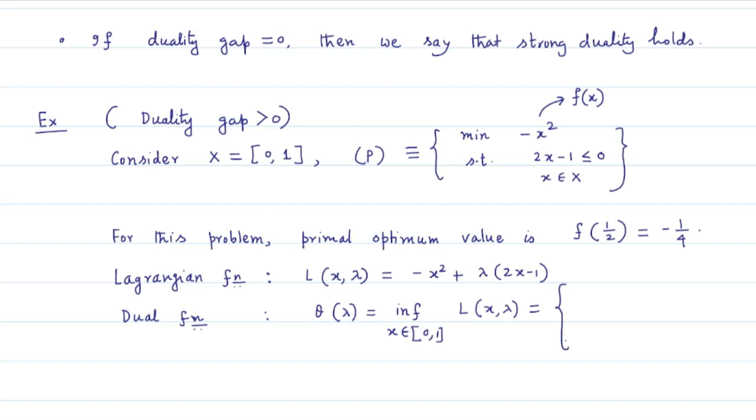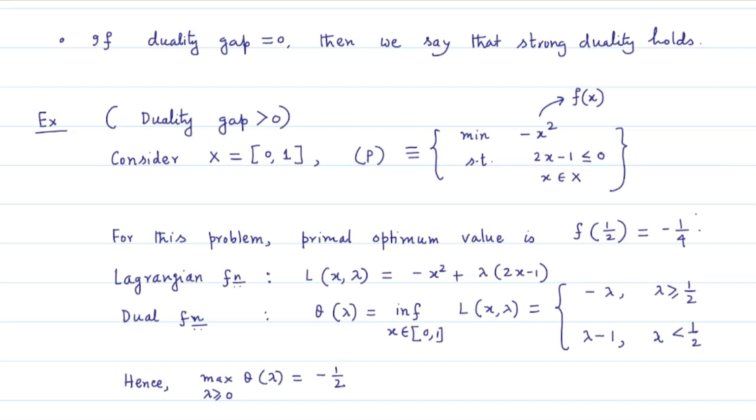With an analysis of this term, you will find that this expression is minus lambda for lambda greater than or equal to half, and when lambda is less than half, we have this expression of theta(lambda) given by lambda minus 1. Hence the maximum value of theta(lambda) is attained at the point half, and at the point half the value is equal to minus half.